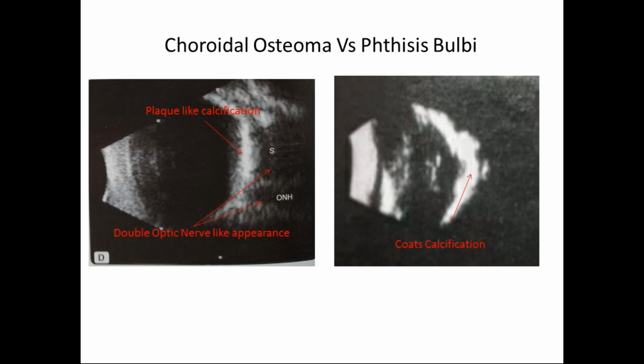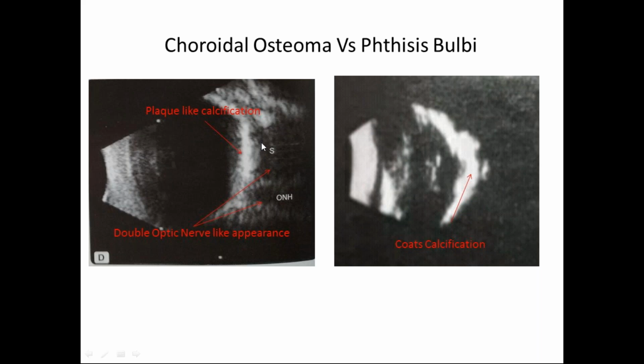If the lesion is away from the optic disc, then we can find a double optic nerve-like appearance. This is the typical feature of choroidal osteoma.